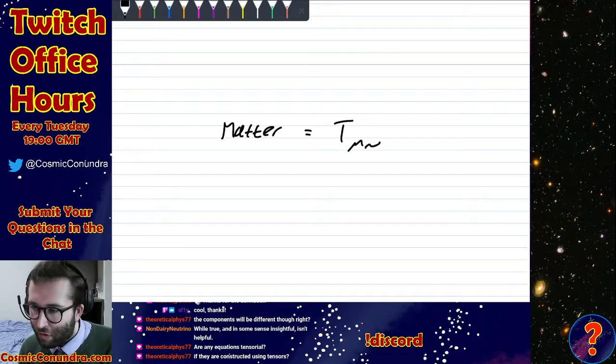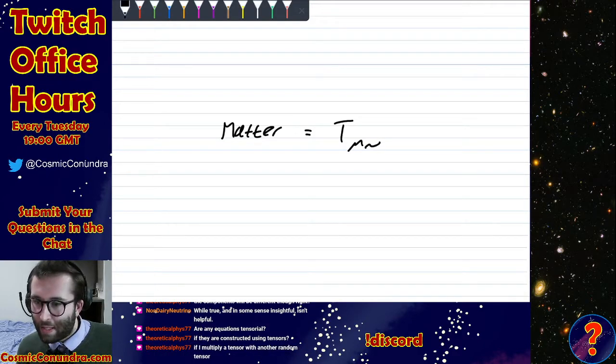Like if you contract tensor indices, you can get a scalar or a lower rank tensor. Then those things will still be tensors, but it carries quite a heavy meaning, I think, for something to be tensorial in how it transforms.